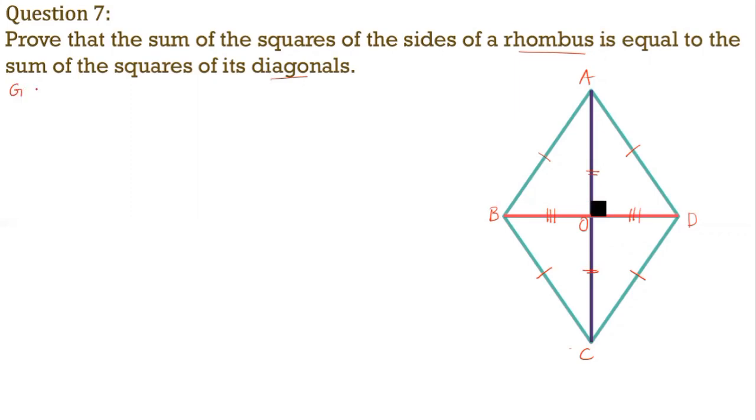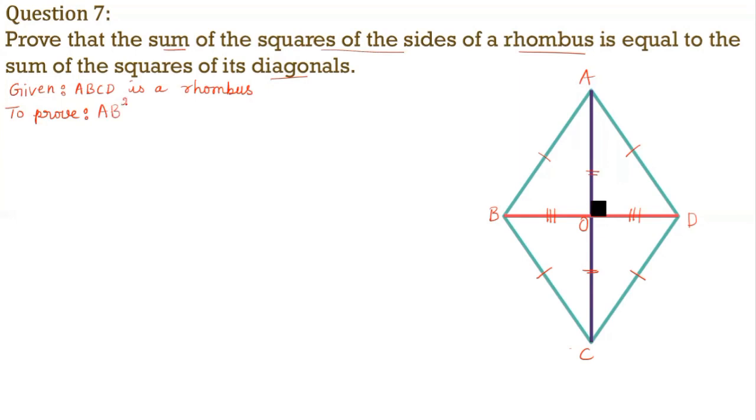Now, given ABCD is a rhombus, now to prove squares of the sides of rhombus. Sides of the rhombus are AB, BC, CD and AD.